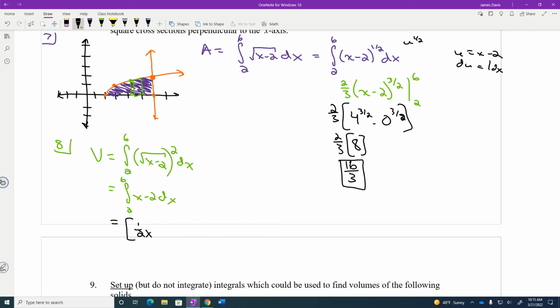Yes, 1/2 x squared minus 2x. Minus 12. Minus -2.